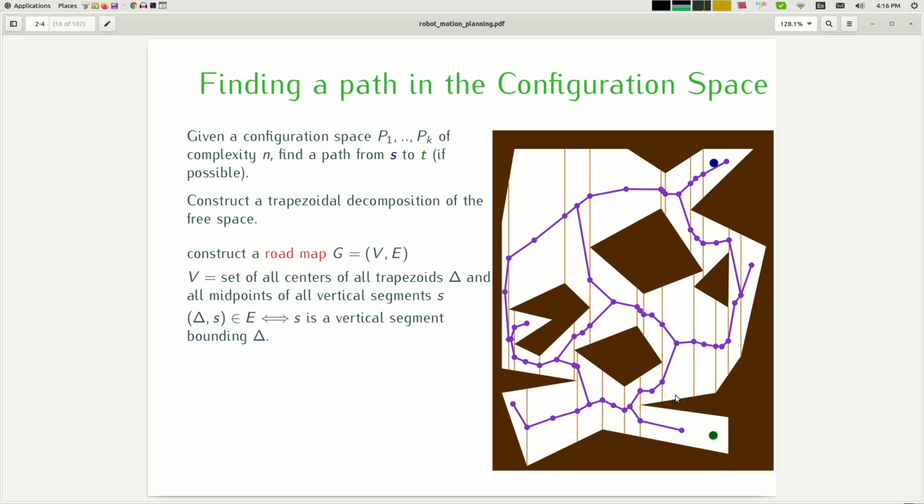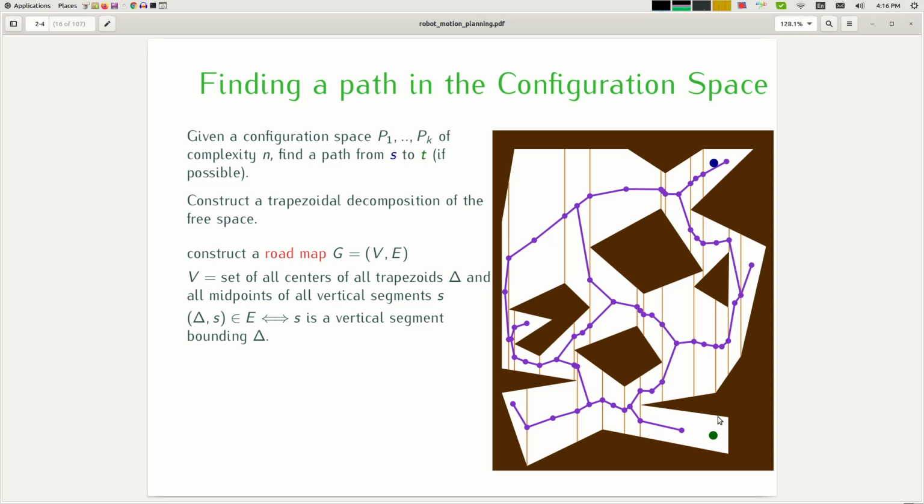And now we are reduced to a connectivity problem. Is this vertex of this graph connected to that vertex? Before solving this, we just need to make one simple observation, and that is that this graph is a planar graph. To see why this is a planar graph is relatively obvious, because all the edges are inside the trapezoids. The edge that connects this point to that point is inside this trapezoid and so on.